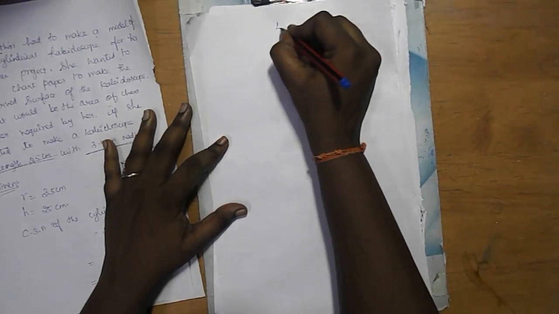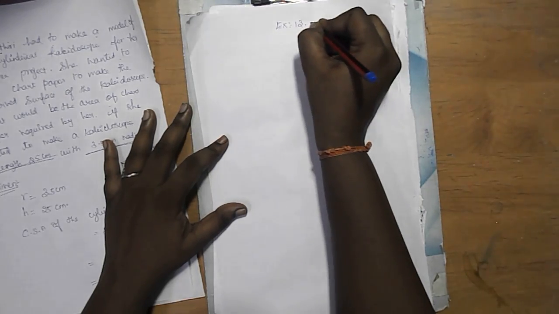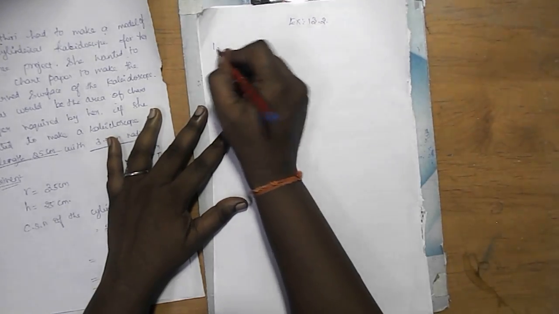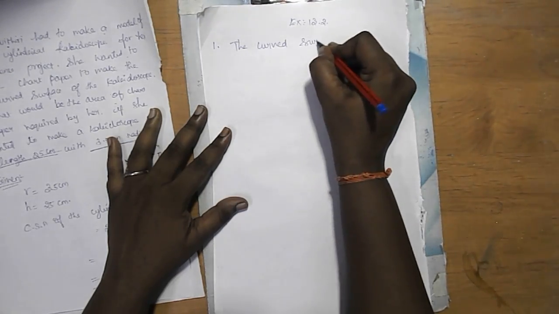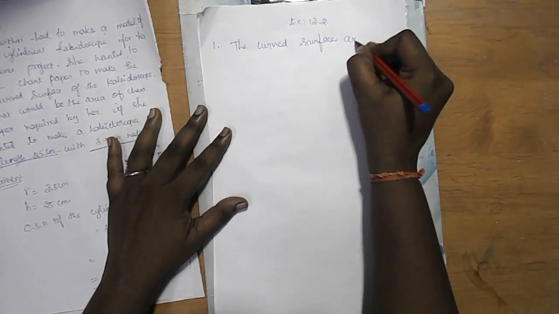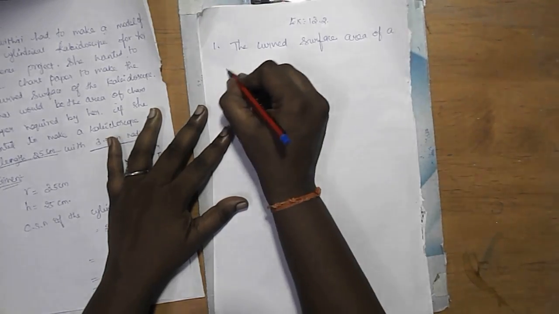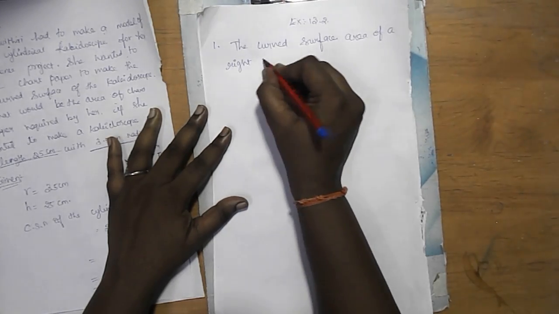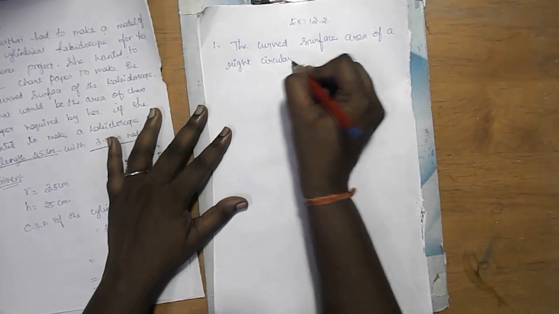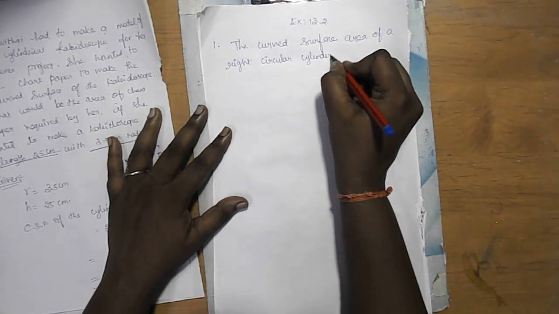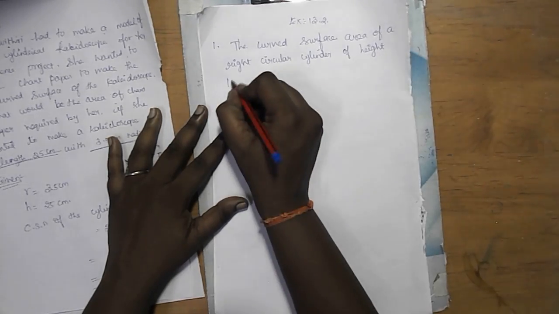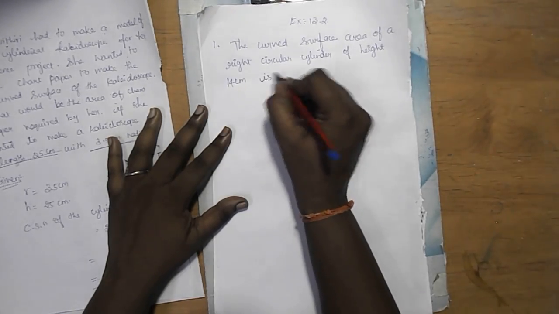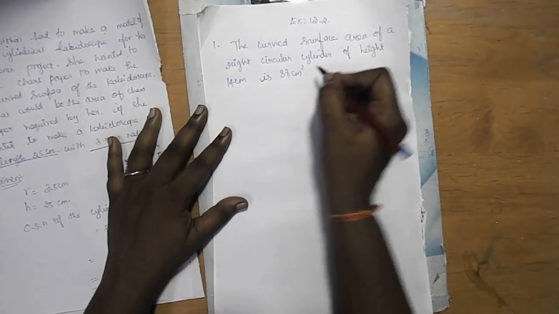Okay, next, exercise 13.2, question number 1. The curved surface area of a right circular cylinder of height 14 centimeter is 88 centimeter square.